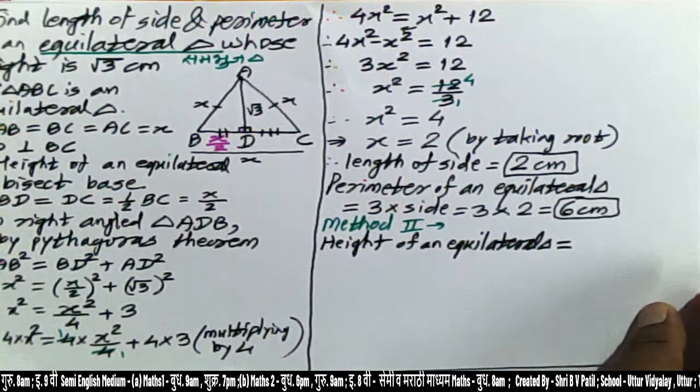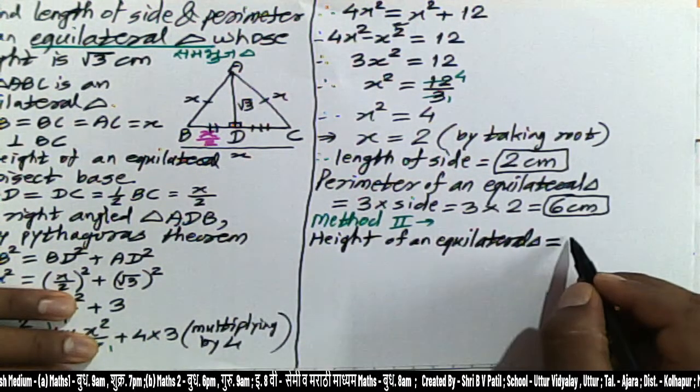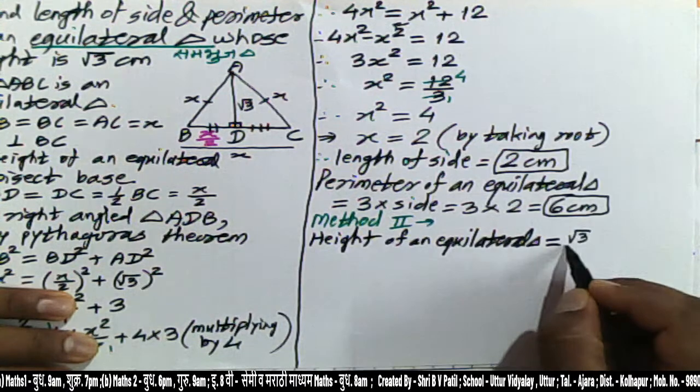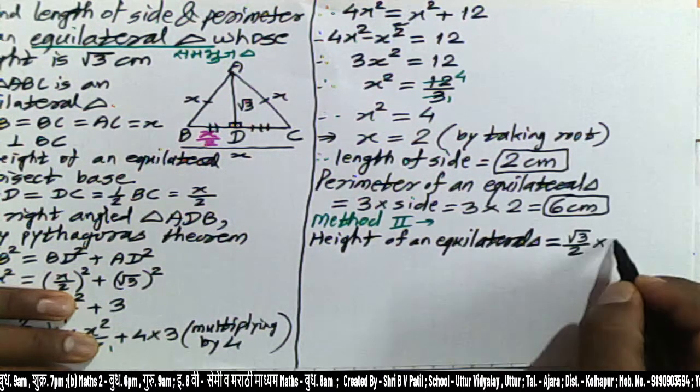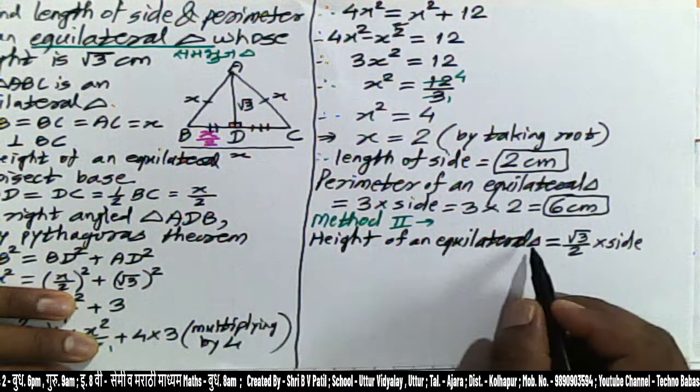Yes, height's formula is root 3 divided by 2 into side. That is the formula of height of an equilateral triangle.